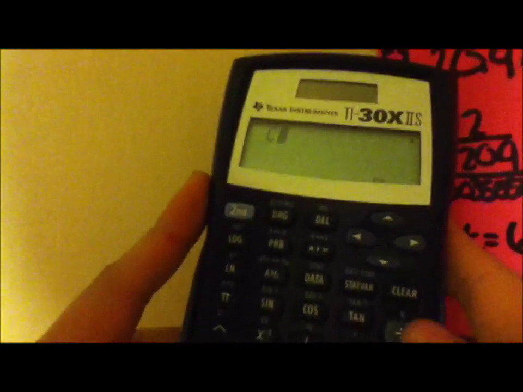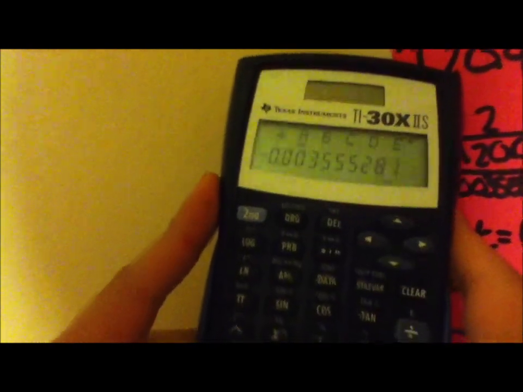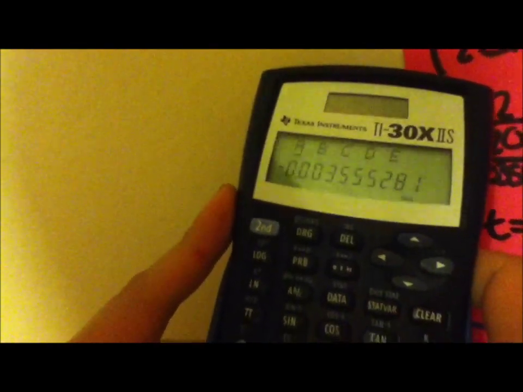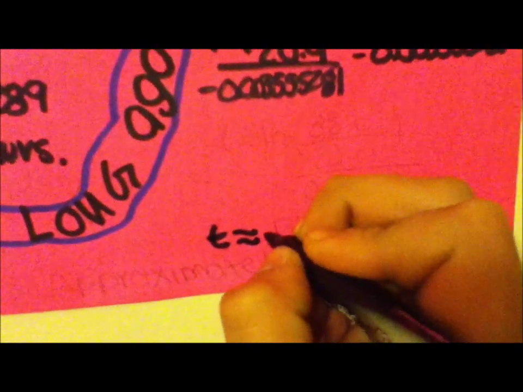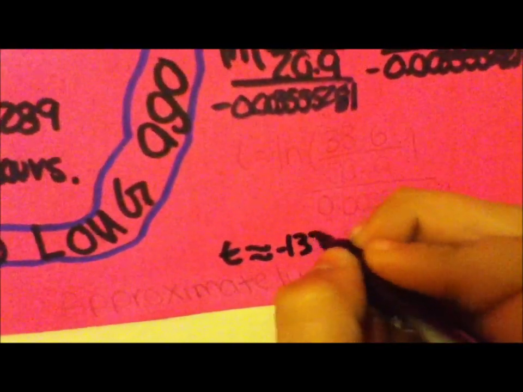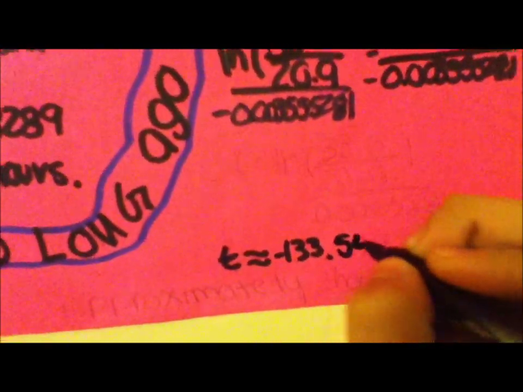You put your c divided by your k, which is stored as a, and you get t equals negative 133.5413285.